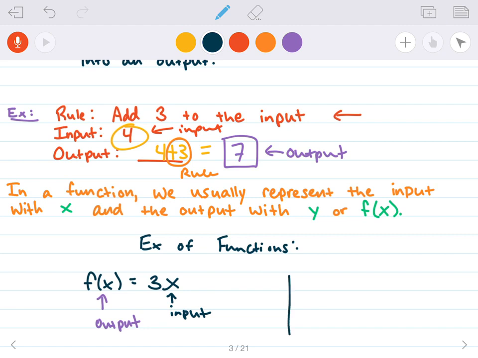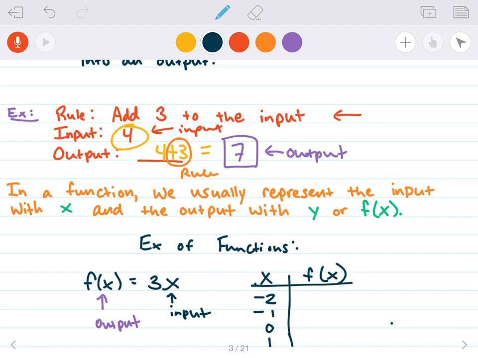So we could make a table for this if we wanted to. We have our input on the left usually and our output on the right. And we use our rule to fill in the table. Okay, so for our inputs, we can just make them up. We don't use the rule to find our inputs. We can just make up some numbers, -2, -1, 0, 1. Those numbers will work.